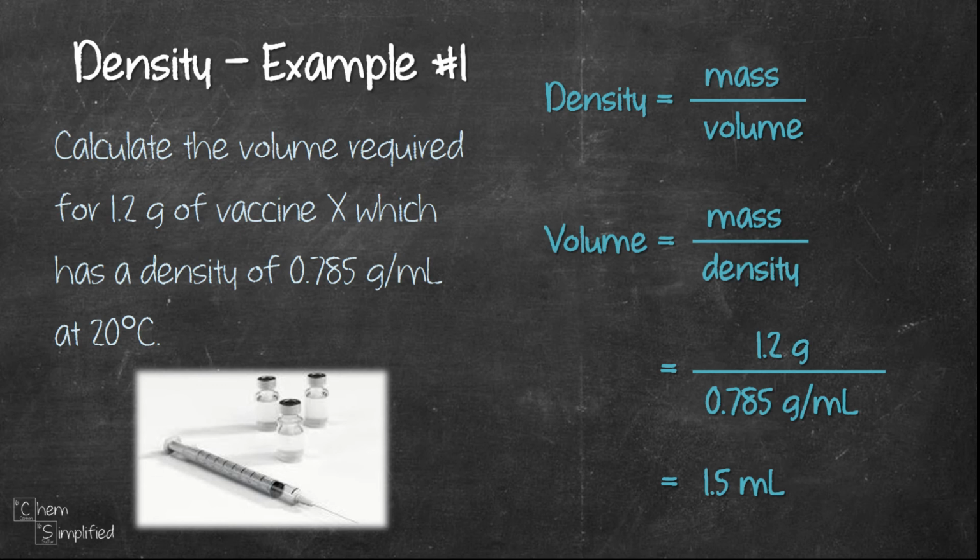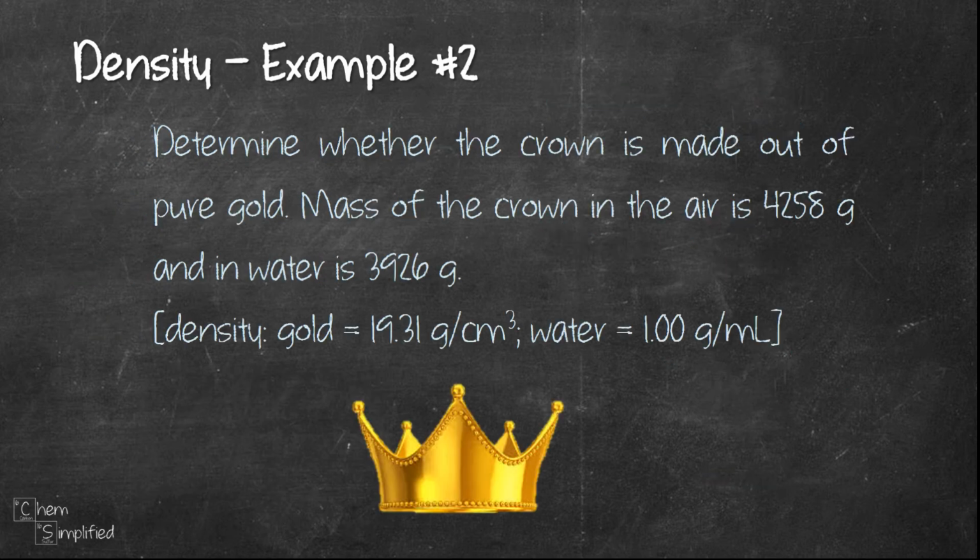Make sense? This is a really direct, simple problem related to density. Now let's look at another density-related problem that's a little bit more difficult. So we have a task here, which is to figure out whether the crown is made out of pure gold or not.